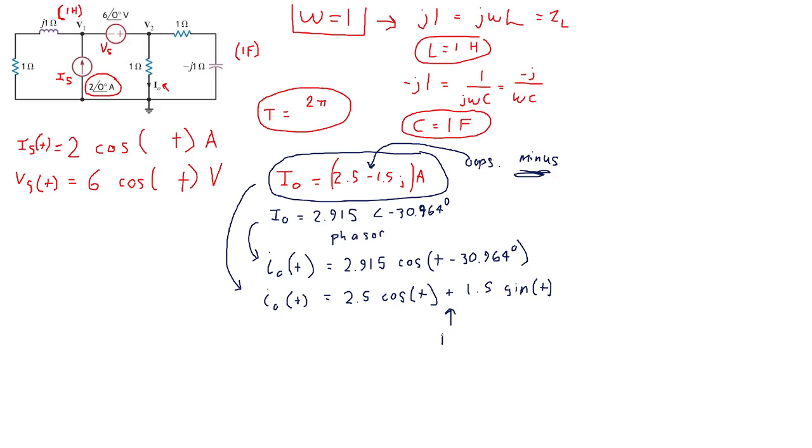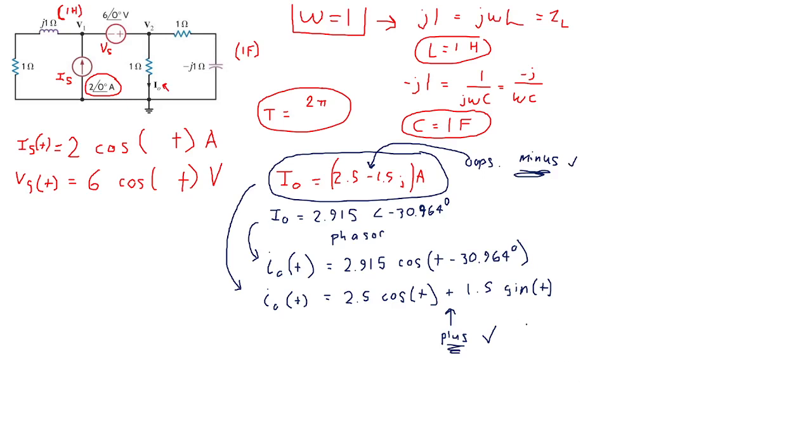Oh, sorry, the issue is that that's minus. That's how we got a negative here. So this is actually minus 1.5 sine of t. Oh, I sloped it down, because of course I'm left-handed. So this is 2.5 cosine of t minus 1.5 sine of t.